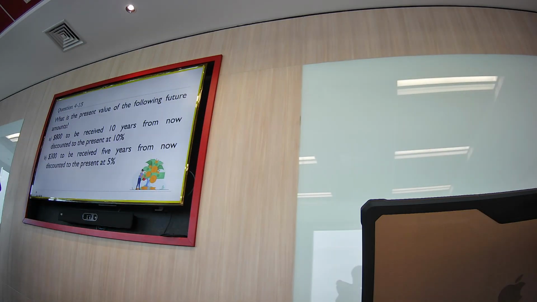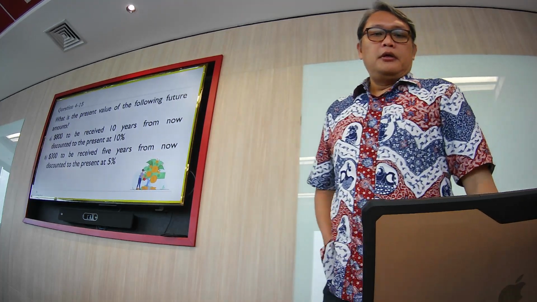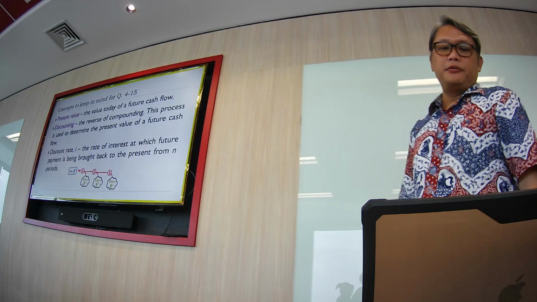Now, what is the value of $300 to be received in 5 years? What is the value of $300 now? So this is present value, and this is the concept of present value.